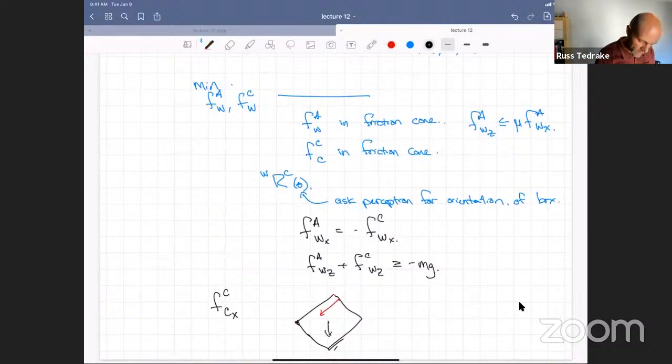Well, again, I've got mg working against me. I've got these normal forces. Whatever this force is, it doesn't contribute to the orientation around the box. But I could write some equations of motion for that orientation, which is going to have some moment of inertia corresponding to the mass.